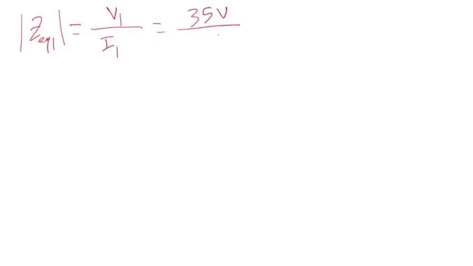So we know the magnitude of the impedance referred to the winding one side is equal to the voltage measured during the short circuit test divided by the rated current, which is what was circulated. So it's 35 volts divided by 41.667 amps, which is equal to 0.84 ohms.